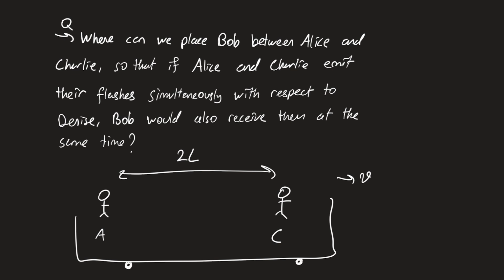So previously we had Bob in the middle of Alice and Charlie so that he's a distance L to both of them. We know that Denise measures that Alice's beam takes longer to get to Bob than Charlie's does. So if the beams are going to be simultaneous to Denise, we need for Bob to be closer to Alice so that he can receive them at the same time.